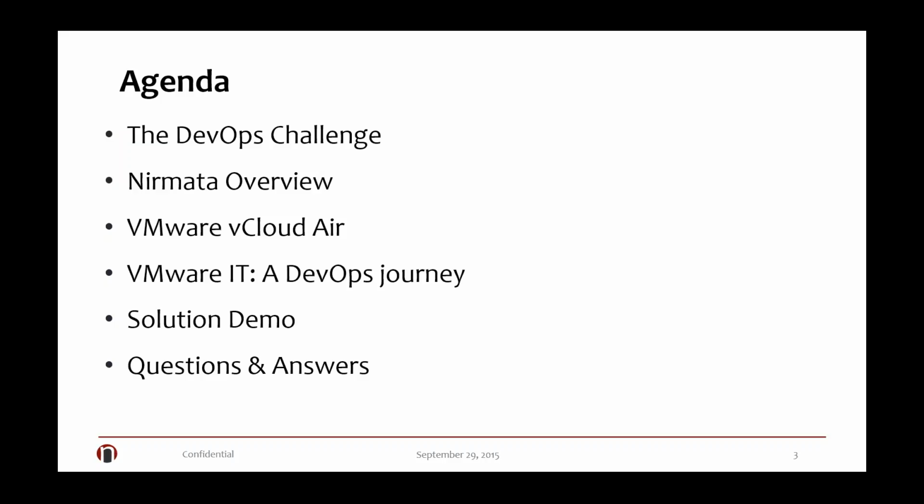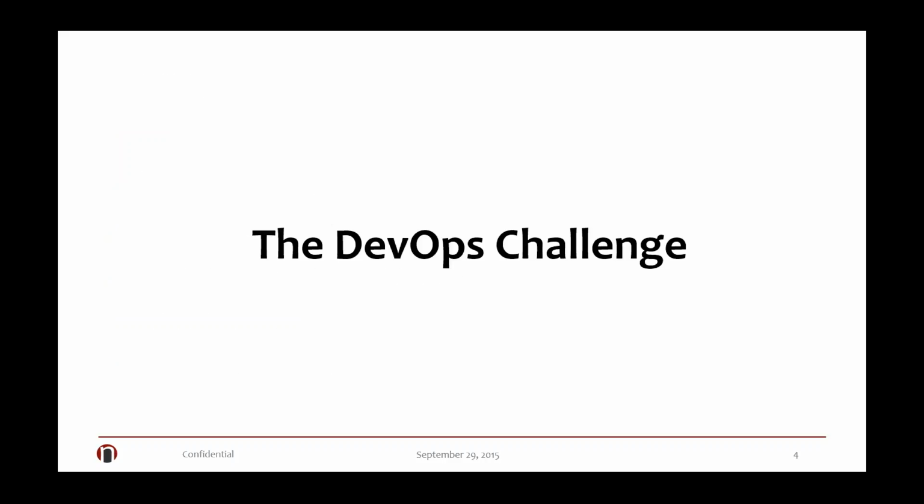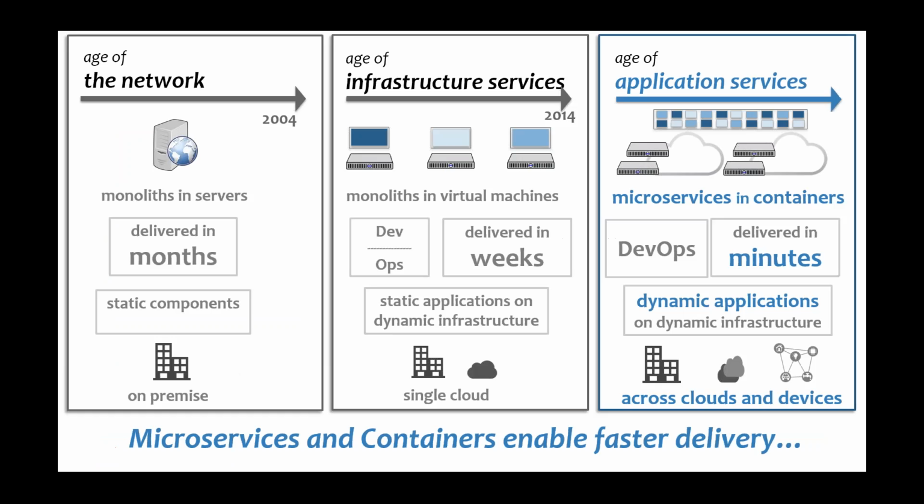So to start with, I just want to lay the foundation for what we are seeing in the space today, and part of the reason why we started Nirmata and the problem we're trying to solve.